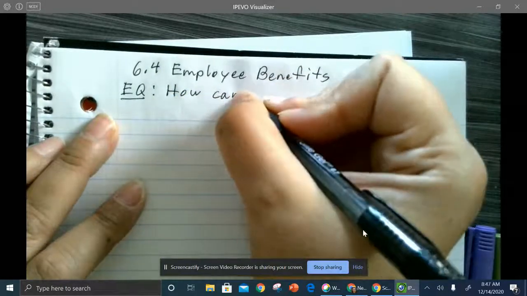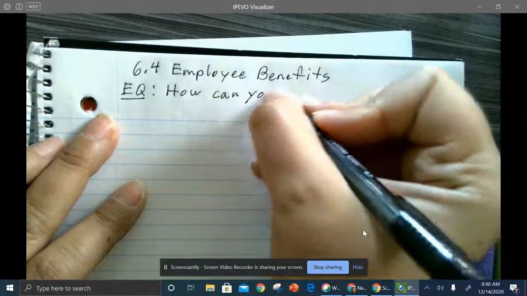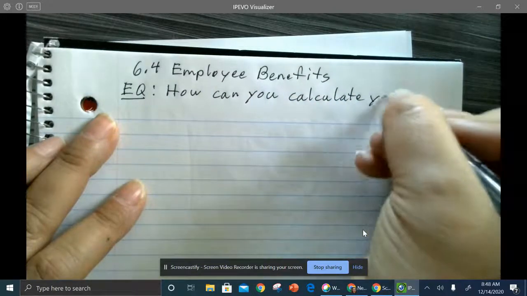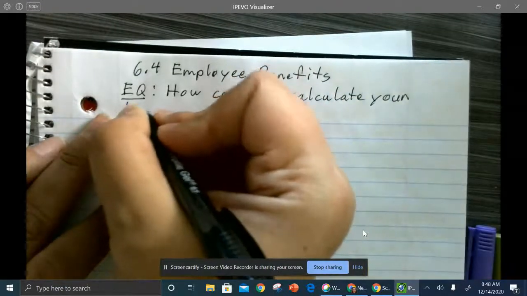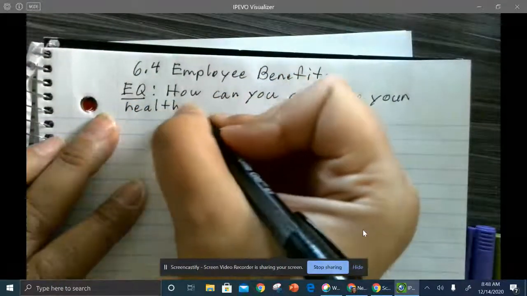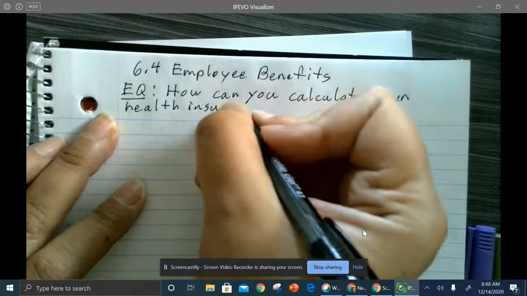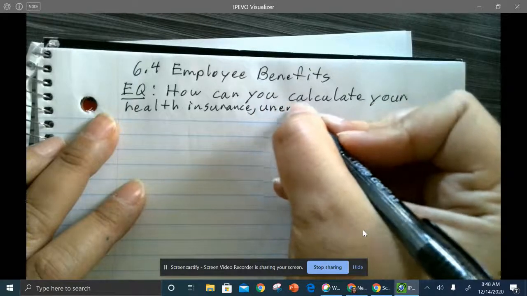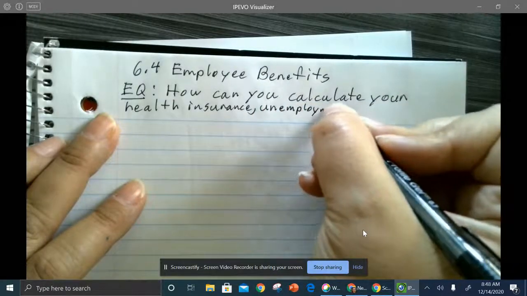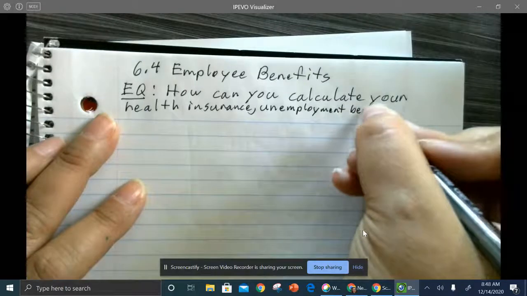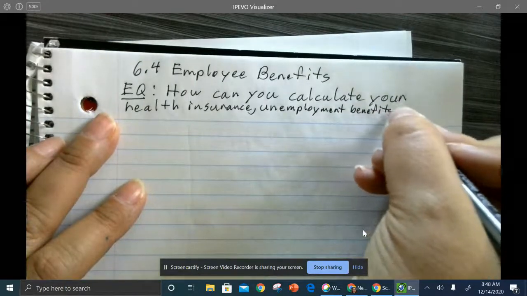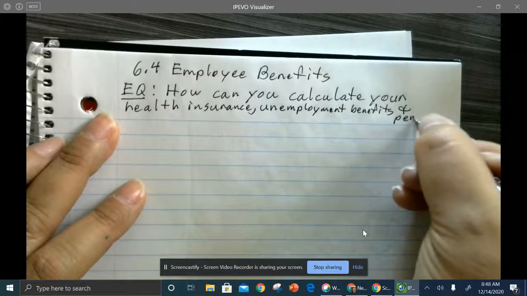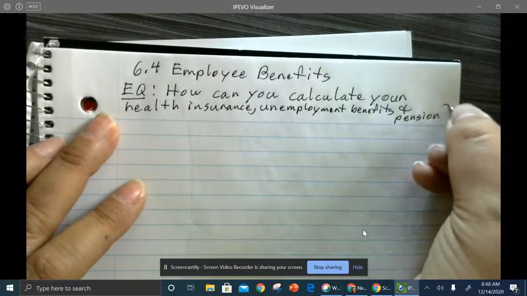So our question is, how can you calculate your health insurance, unemployment benefits, and pension? And we'll also talk about vacation pay as well.